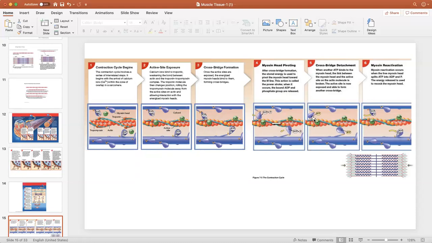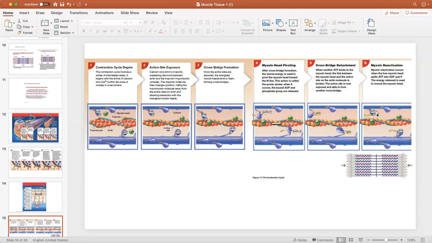Now, in order to release from the active site, we need ATP. We need energy to bind to this myosin head. So we need ATP binding to the myosin head to release this.